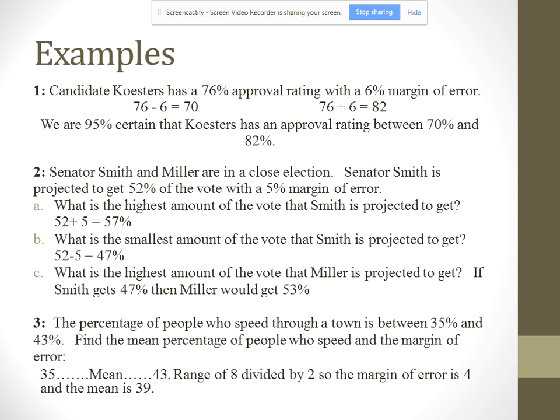You add them together and divide by 2, and you get that the mean is 39. Or, looking at it another way, I have a range of 8%. Half of that is going to be on one side, half on the other side, so the margin of error is 4, and 39 would be right in the middle of that.